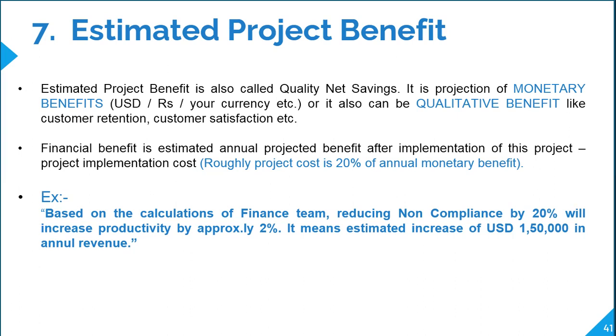So $180,000 minus $30,000, so the annual estimated financial benefit out of this project is $150,000. This is how the finance team is going to approve it. So you don't need to worry about the calculation. They will do it and they'll approve it. So that's about your estimated project benefit. These are the 7 elements we had in a project charter. So let's go to the next slide.